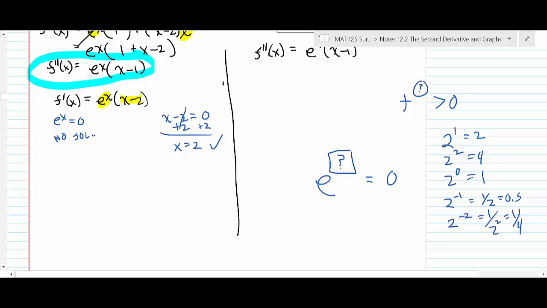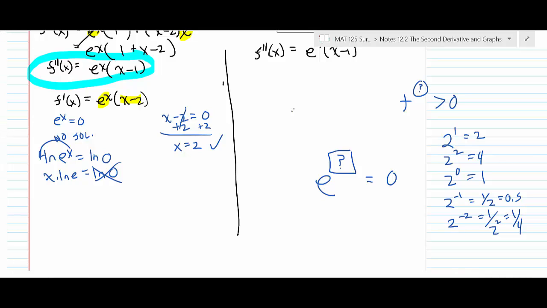Now, let's say that you didn't know that. What we have learned how to do in an equation like this is take a logarithm of both sides. Then you've been learning to bring the x down, so you'd have x ln e equals ln 0. You know what happens? The ln of 0 is undefined. So you would probably figure it out then. But you don't need to go there.